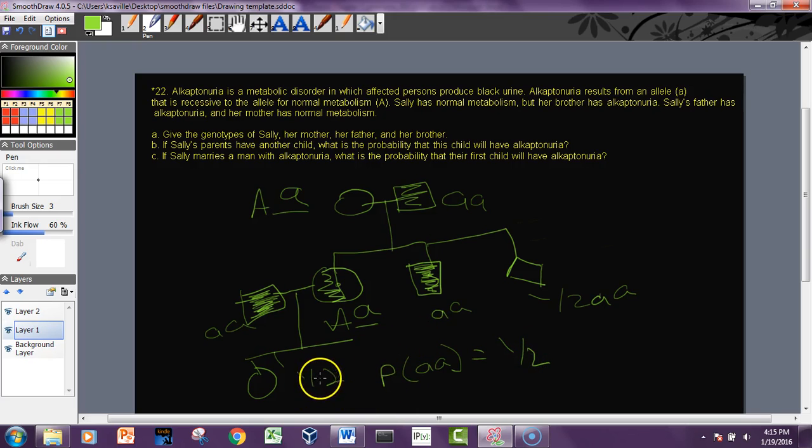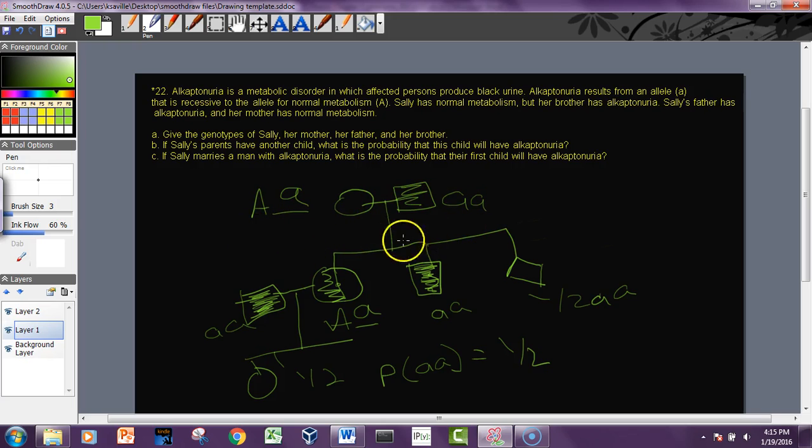And so that's pretty much the whole problem for problem 22. We can get into some crazy probabilities with some other pedigree problems, but the main concept that we want to get across is how you can use pedigrees to analyze things.